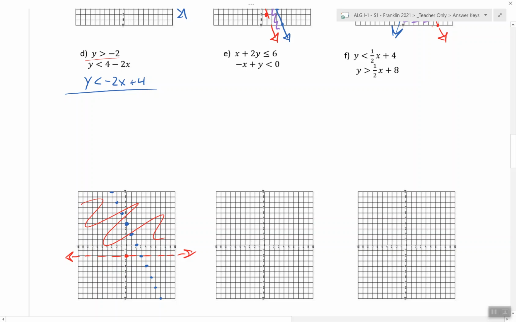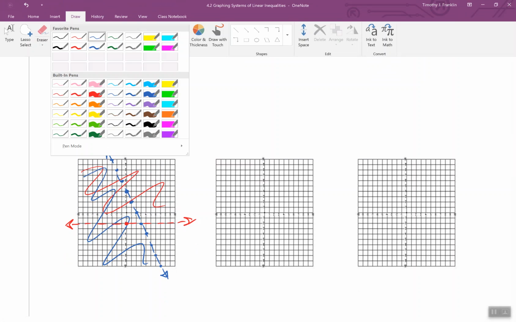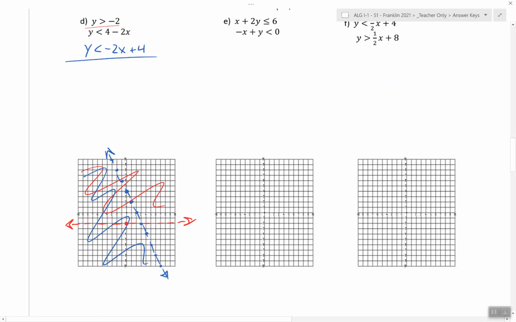It gets a dotted line as well, and it's shaded below. So our overlapping area here is this region there where the two colors overlap.